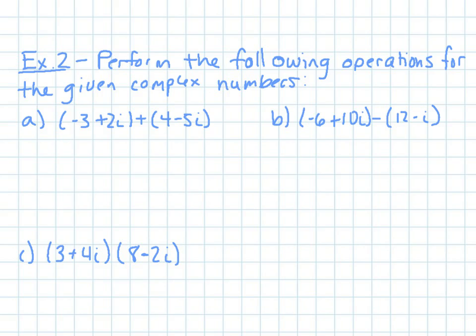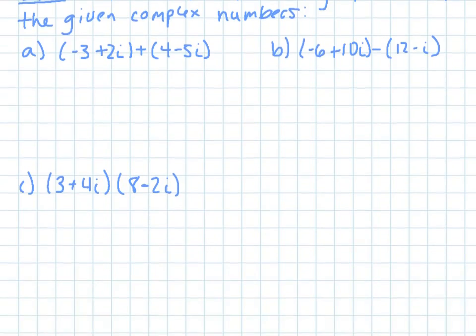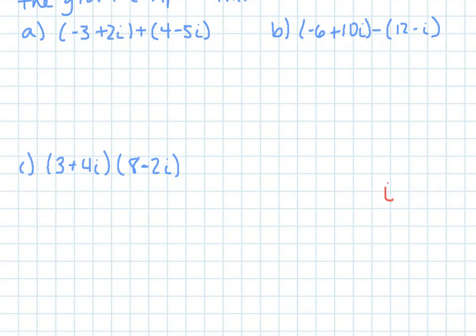Now, next example, we want to be able to perform the following operations for the given complex numbers. One thing to remember, and you might want to remember this in your notes, i represents the square root of negative 1. If I take i squared, that would be like squaring the square root of negative 1, which leaves me with negative 1. Then i cubed is like negative i, because it's like taking i times negative 1.